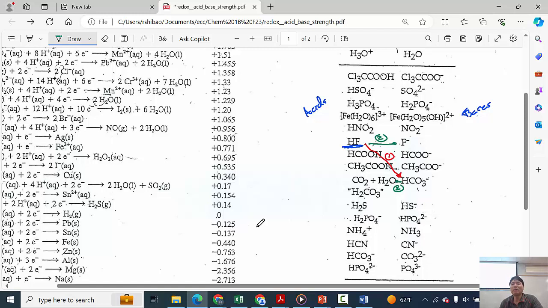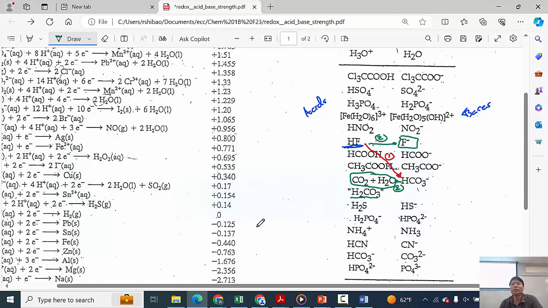HF donates its proton to bicarbonate. Bicarbonate accepts the proton to make carbonic acid. Carbonic acid in turn decomposes into CO2 and water. And so the products here are CO2, water, and fluoride.